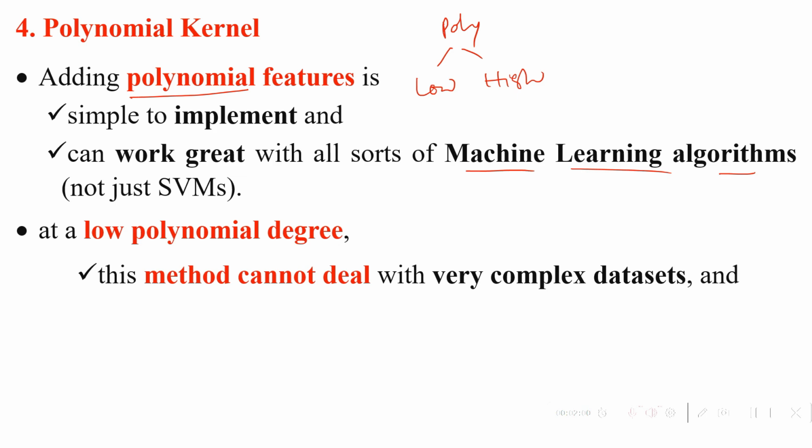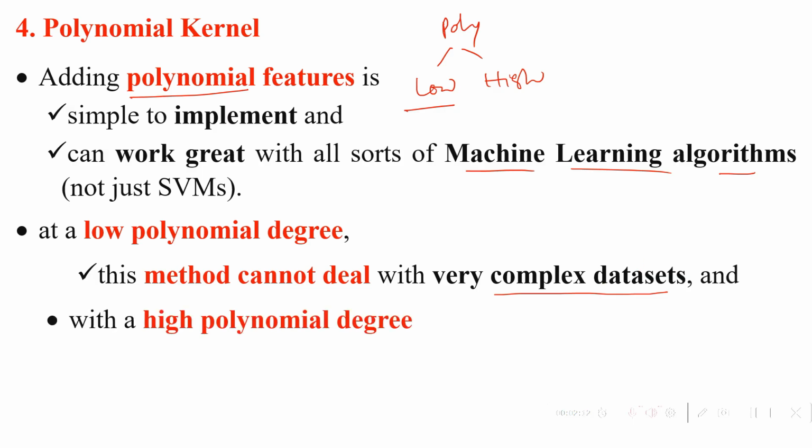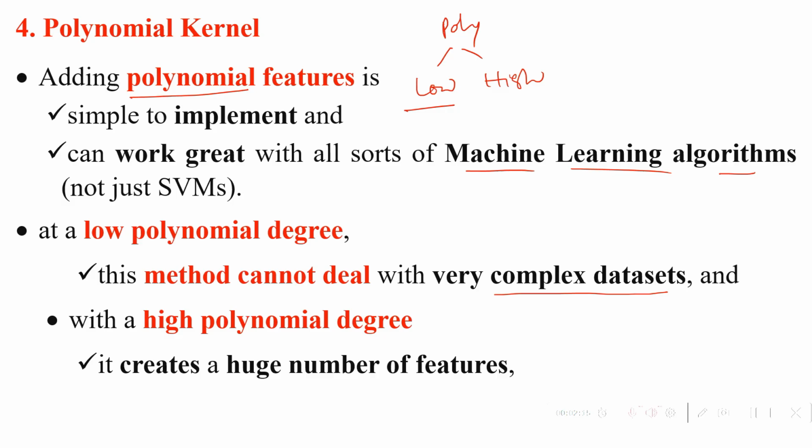At low polynomial degrees, this method cannot deal with a very complex data set. That means if the polynomial degree is very low, then this model does not work with a very complex data set. And with a high polynomial degree, it creates a huge number of features, making the model very slow.